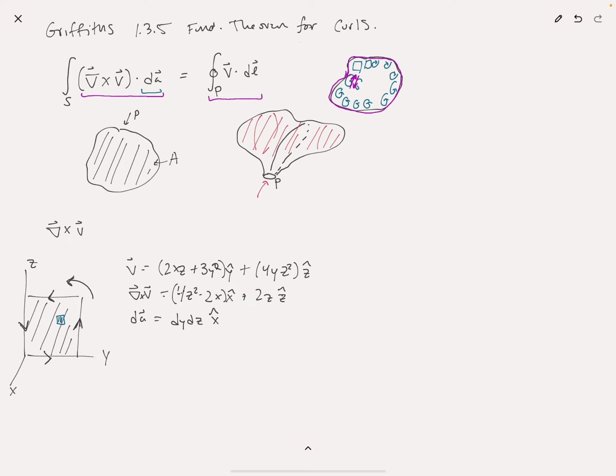I do that integral. I'll let you do that for yourself. I think I forgot to tell you, over this surface it goes from 0 to 1 and 0 to 1, but you can look at your textbook. I add up all of those curls for that area, and I get 4/3.